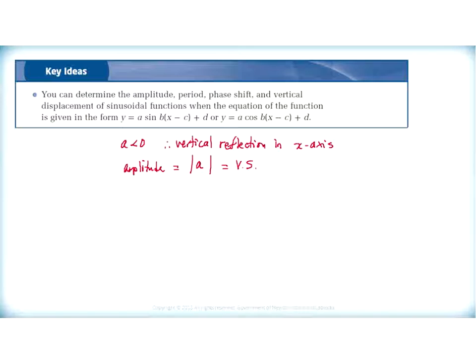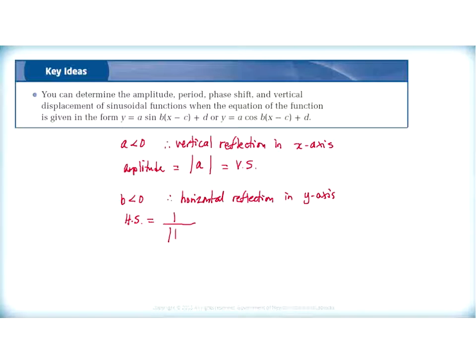The value of b, if b is less than 0, that results in a horizontal reflection in the y-axis, and we also have a horizontal stretch factor which equals the reciprocal.